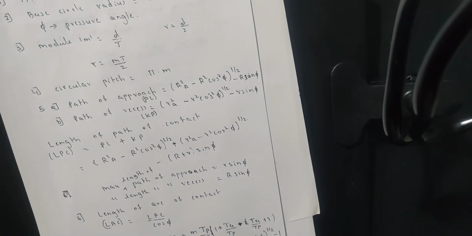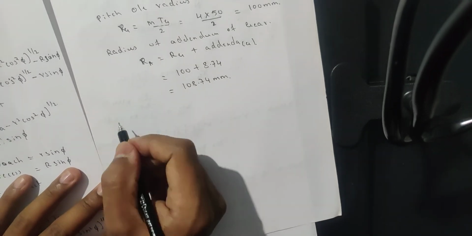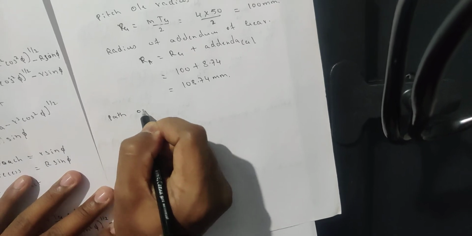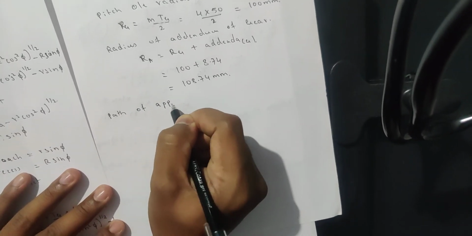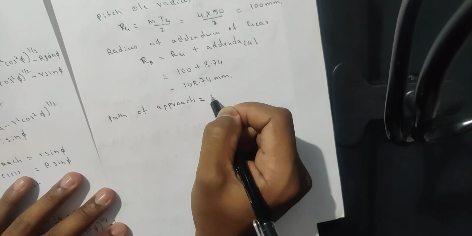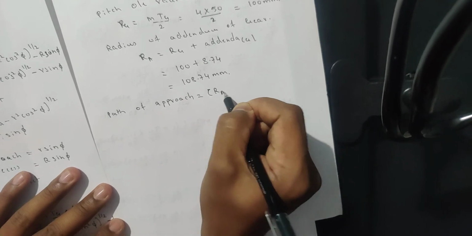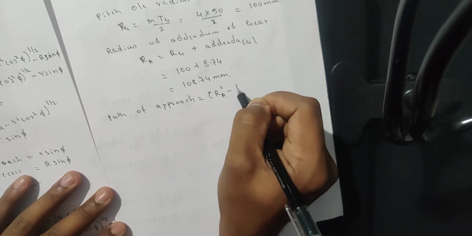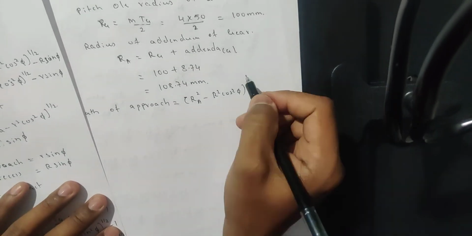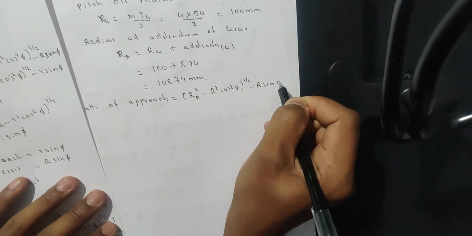First, we have to calculate the path of approach, which is given as (RA square minus R square cos square phi) raised to half, minus R sin phi.